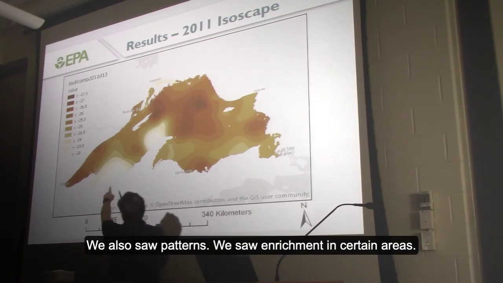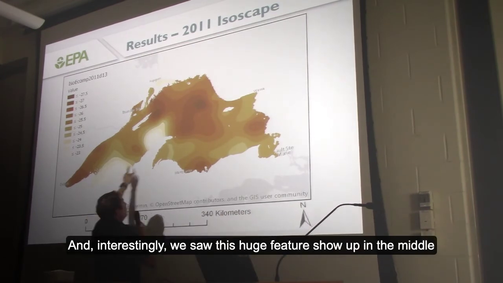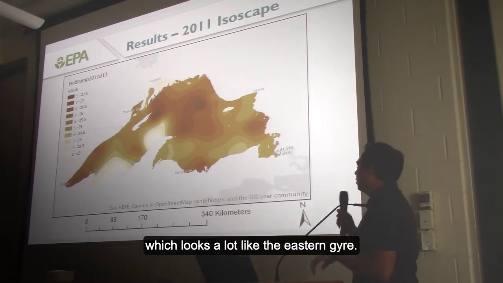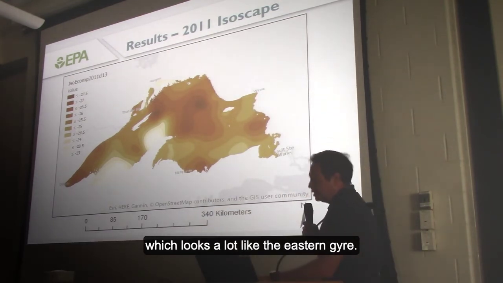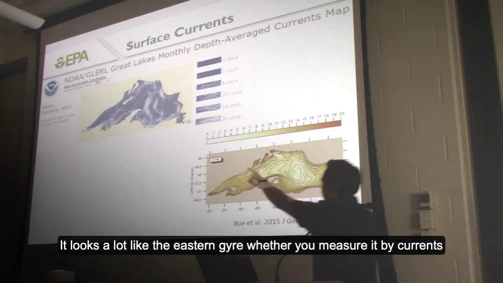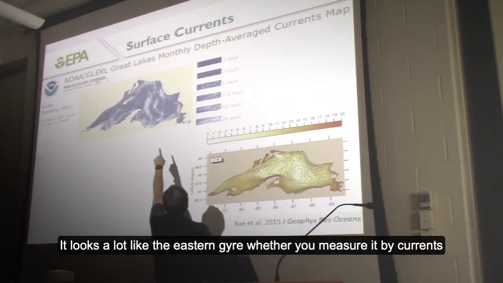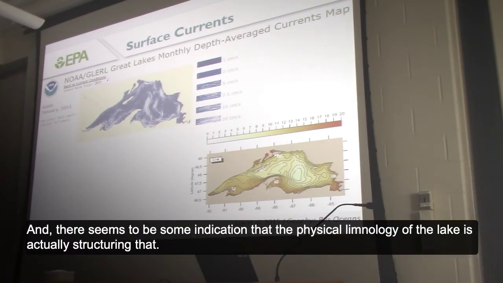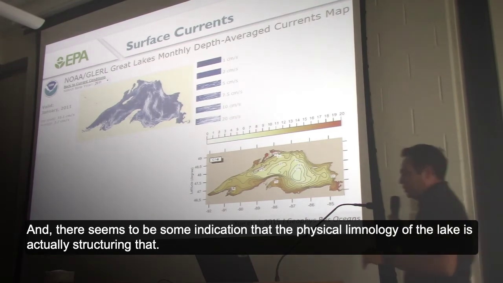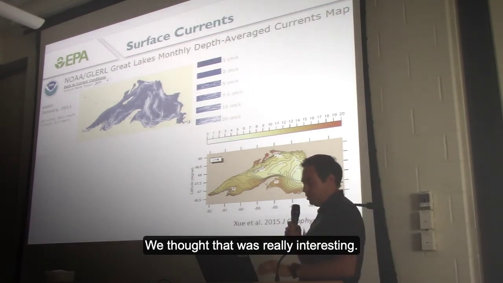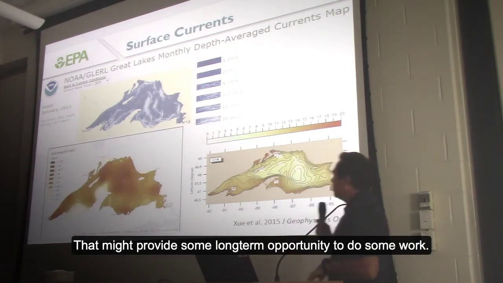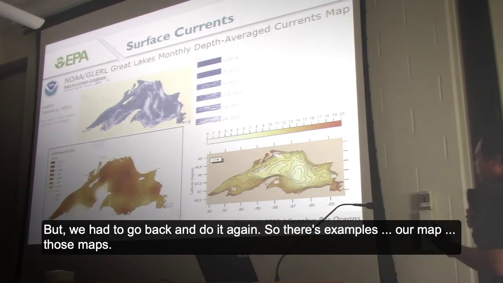We saw enrichment in certain areas, and interestingly, we saw this huge feature show up in the middle, which looks a lot like the Eastern Gyre, whether you measure it by currents or whether you measure it by temperature. And so there seemed to be some indication that the physical limnology of the lake is actually structuring that. And we thought that was really interesting. That might provide some long-term opportunity to do work. But we had to go back and do it again.